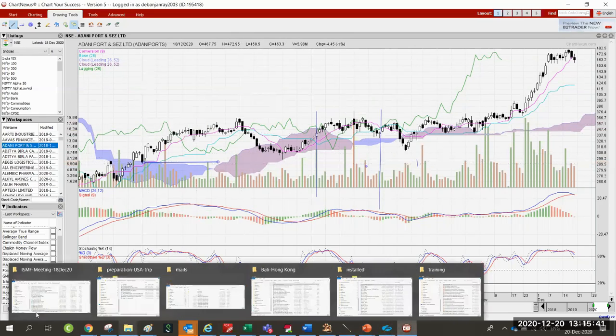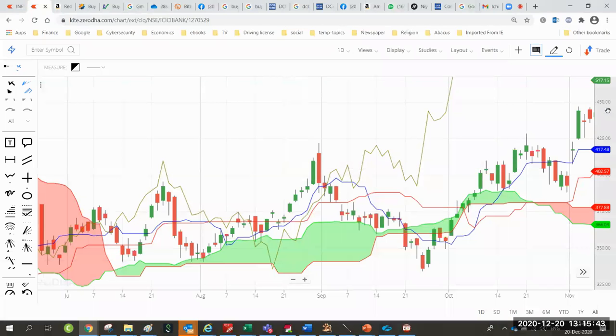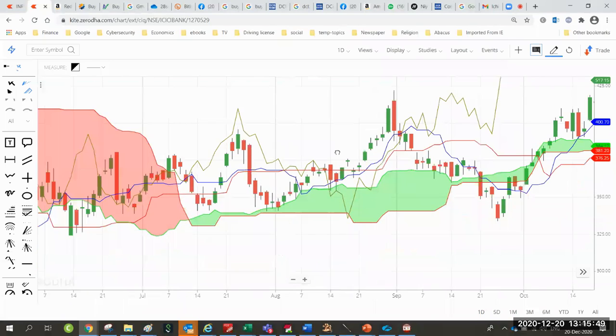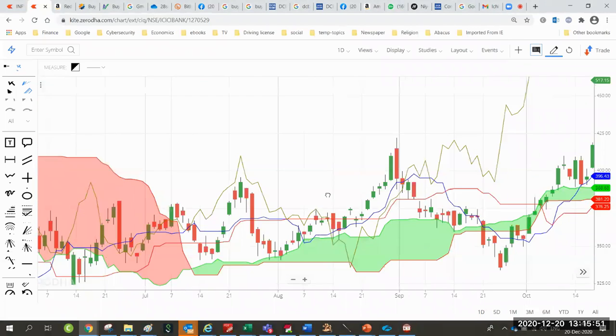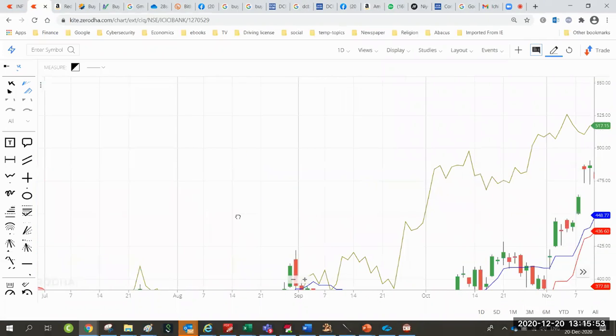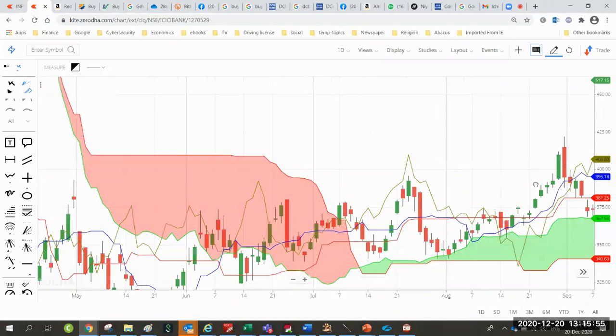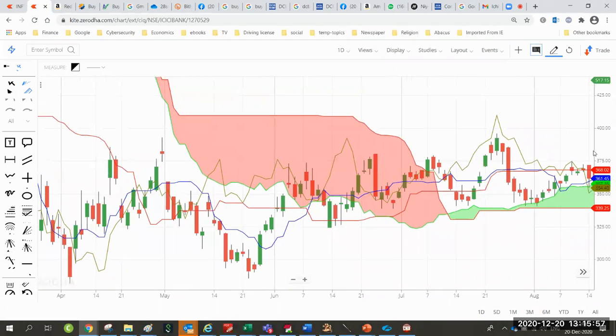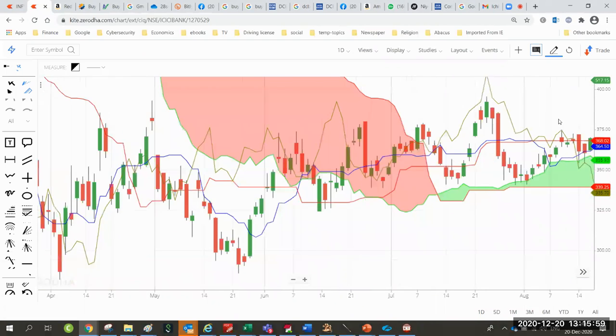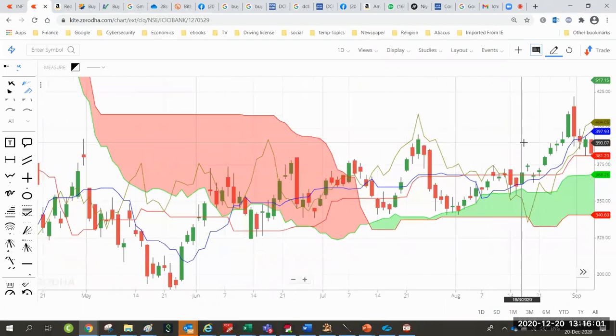Now let's go back to Zerodha. In Zerodha the measurement is better because as you move the signal, you will see the Chikou change accordingly. And in Zerodha it is easier to measure the number of candlesticks by this method.